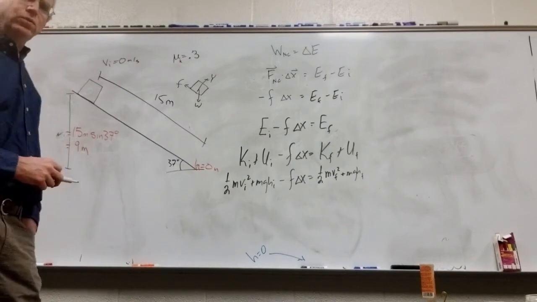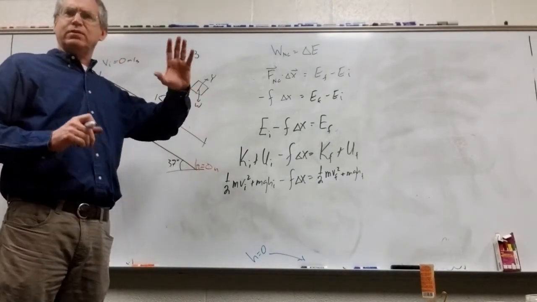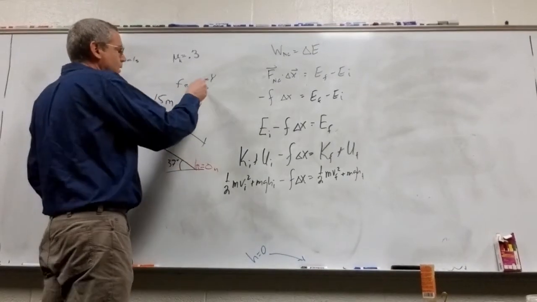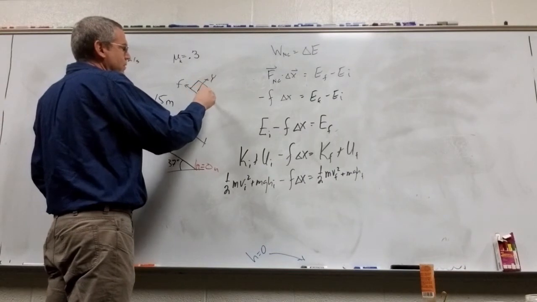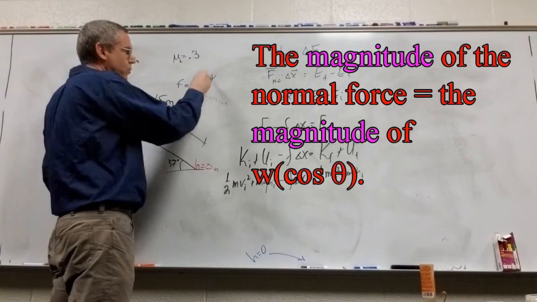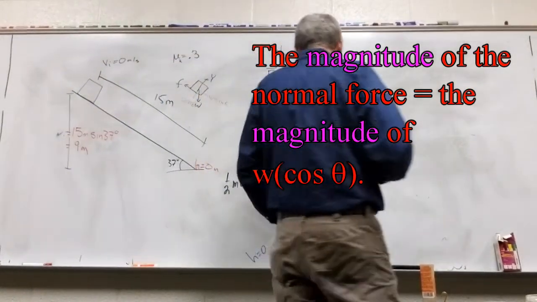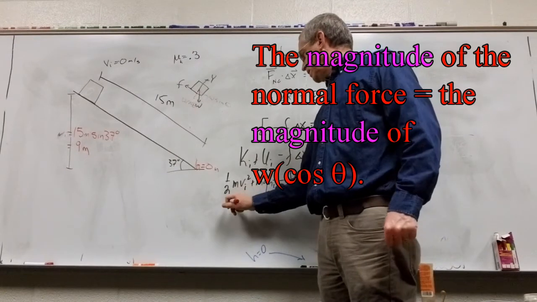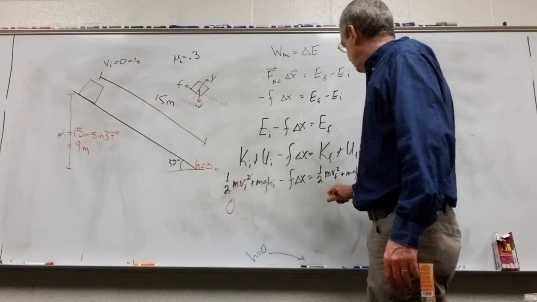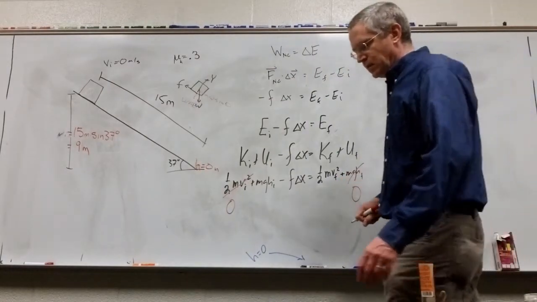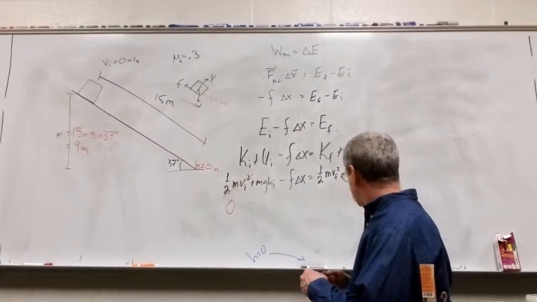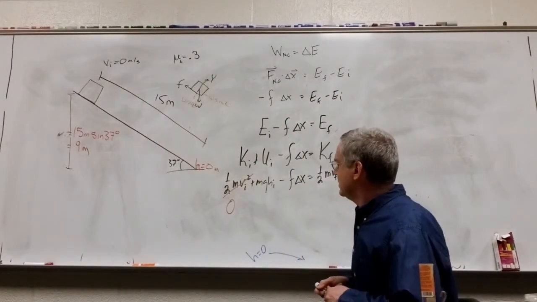And we do need to still break weight up. Doing this method with energy is not necessarily the most efficient way of doing it, but we can do it anyway. I know that down the ramp is W sine theta, and into the ramp is W cosine theta. So the normal force and W cosine theta are going to be equal to each other. My final height is 0. Since I'm down at the bottom, I'm going to have to sit because I'm tired of slouching.